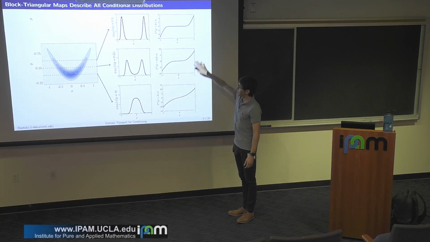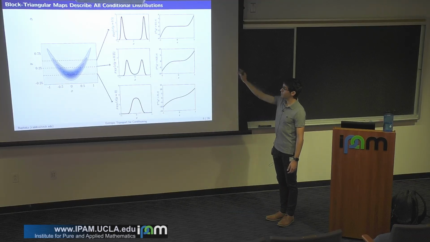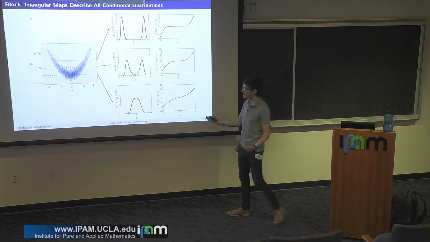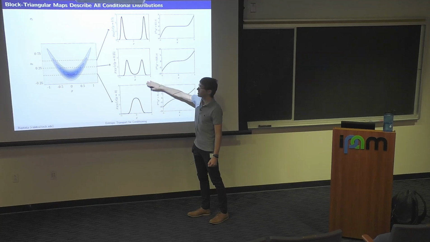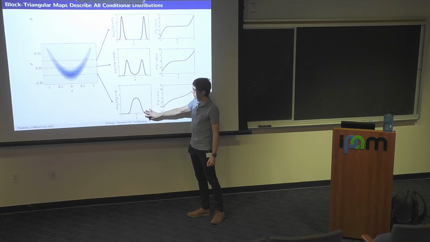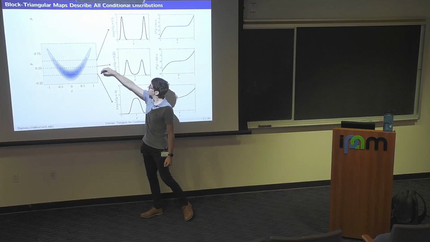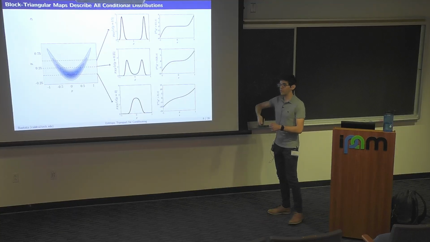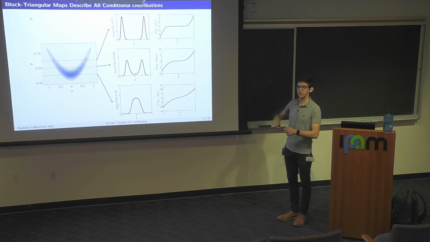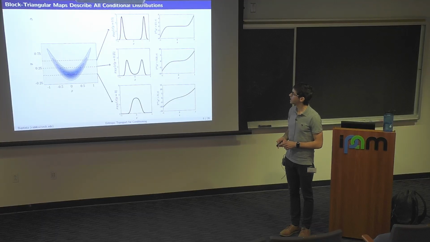And on the far right column, I plot the transport map that would take a standard Gaussian to each of these distributions, going from this unimodal distribution at y equals 0 all the way up to this bimodal distribution. And this map is really parametrized by the conditioning variable that we're interested in sampling from.